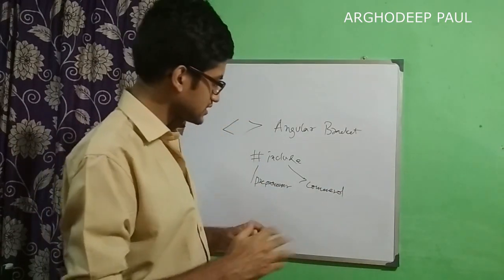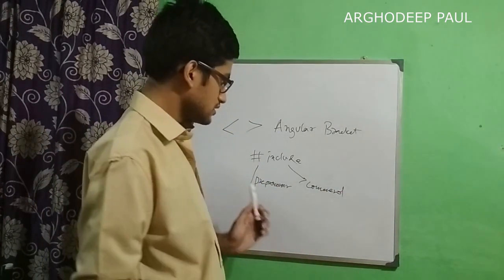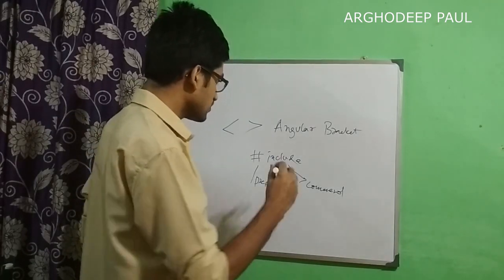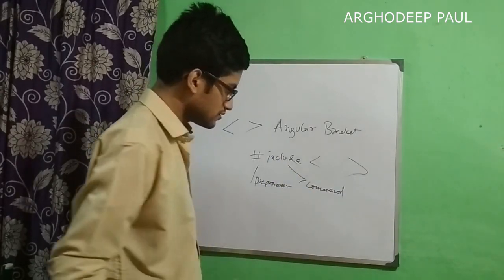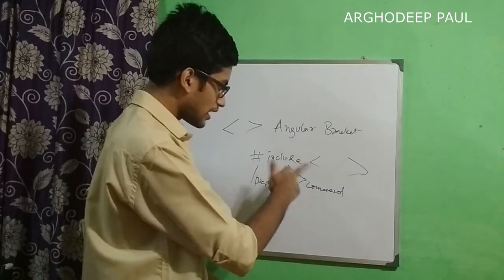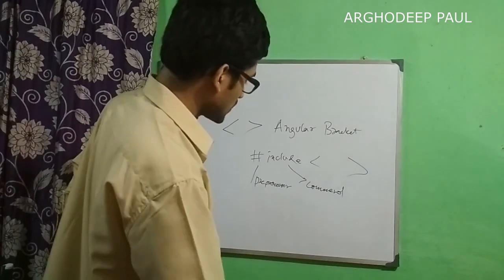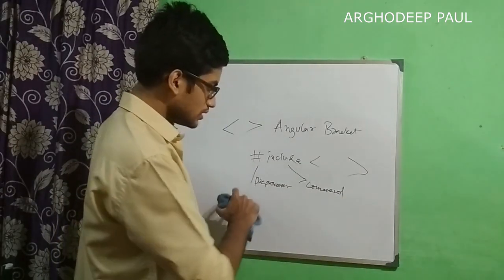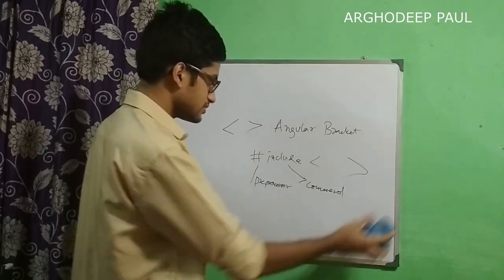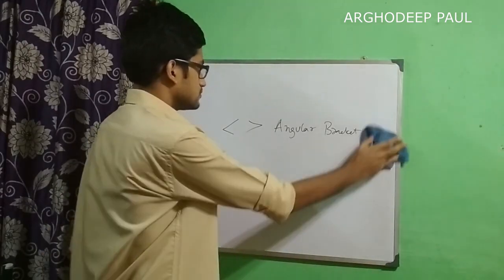Hash is the preprocessor, and anything we write after the hash, the whole thing becomes a preprocessor command. Also the angular brackets are included because they are also part of the include command. So the whole thing will be known as the preprocessor command, where the hash is solely known as the preprocessor.